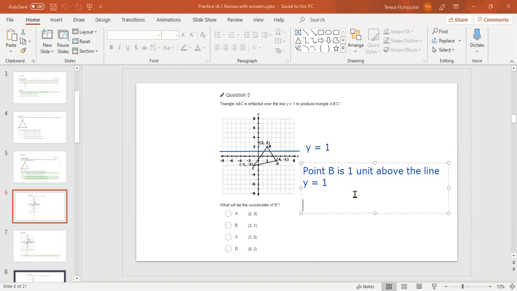Now, if we fold along the line of reflection, if we fold along the line y equals 1, then B will flip over the line y equals 1, the same distance below the line y equals 1. So B prime will now be 1 unit below the line y equals 1.